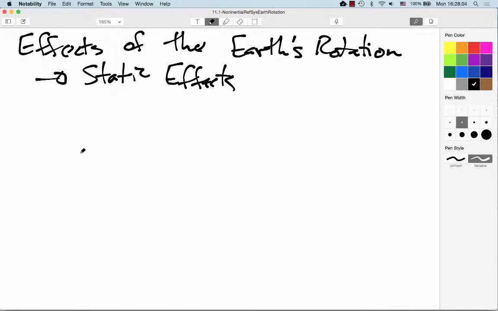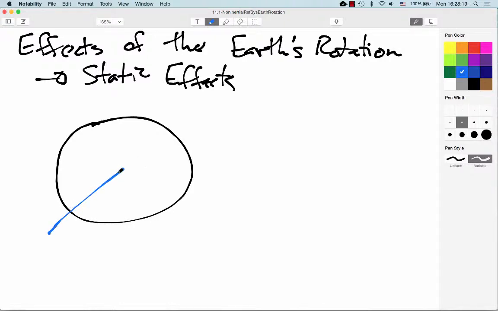So we'll start by drawing us a good-sized Earth, like so. And we will go ahead and put in an inertial coordinate system centered on the Earth like so. X, Y, Z. But that's not where we actually do our observations from, right?